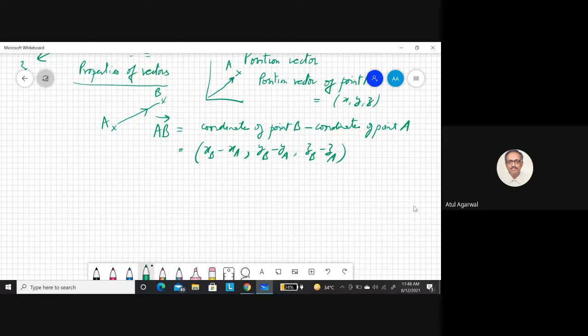And if you are representing vector BA, you are going from B towards point A. So it's an opposite direction. This is minus of AB, or you will say XA minus XB.